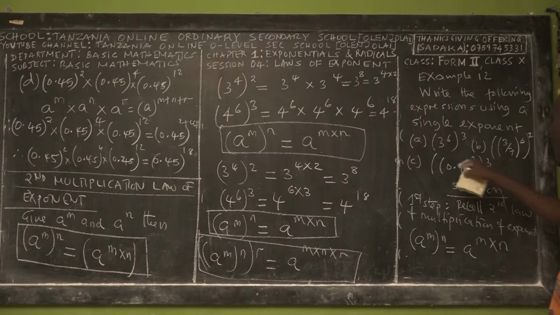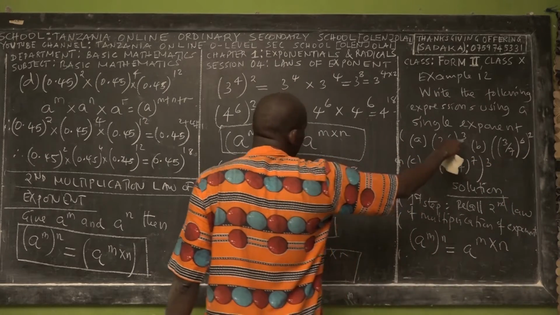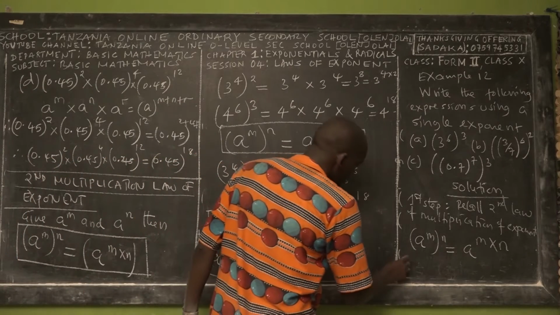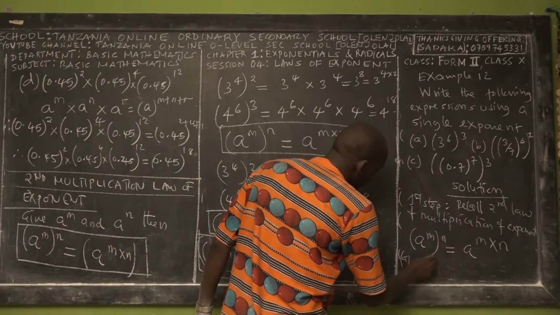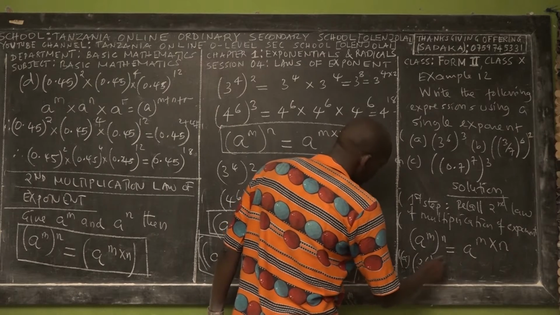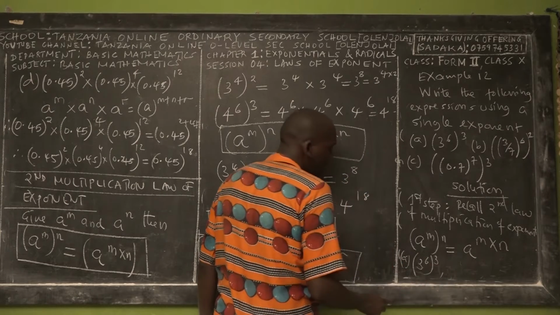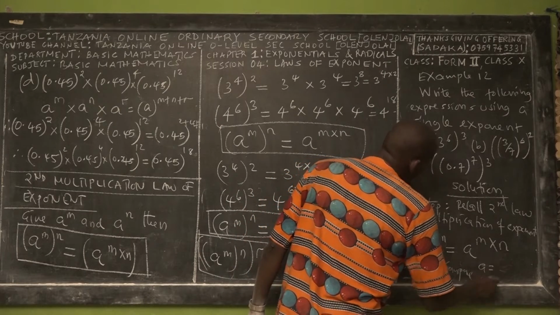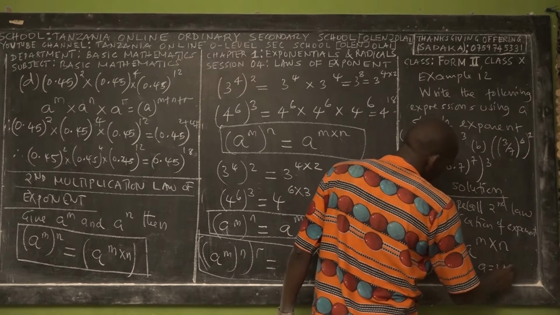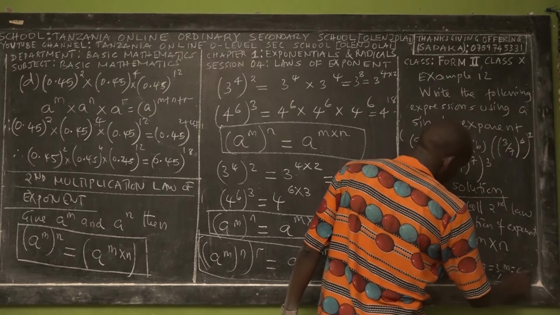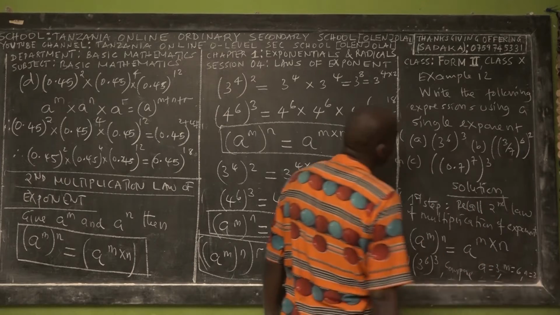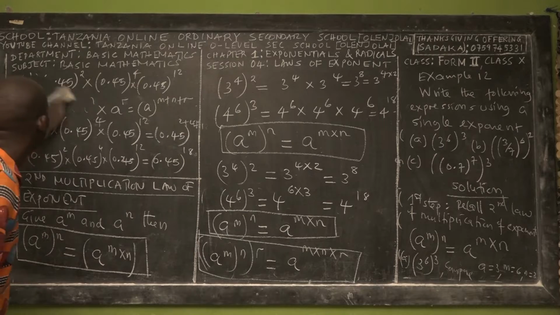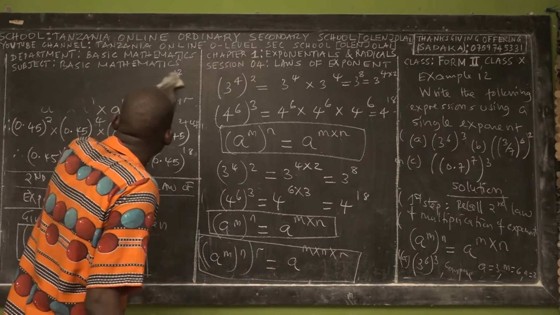So we check for Roman A. 3 power 6 power 3. For Roman A, you are given 3 power 6, then power 3. If you compare, you find A is equal to 3, m is equal to 6, n is equal to 3. You have the left hand side, you have to find the right hand side.